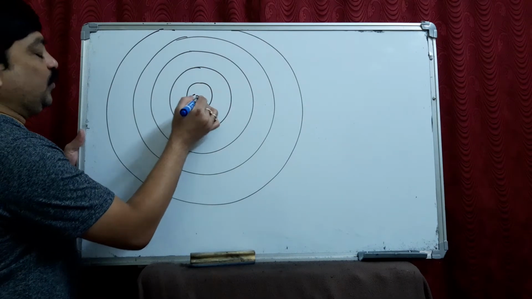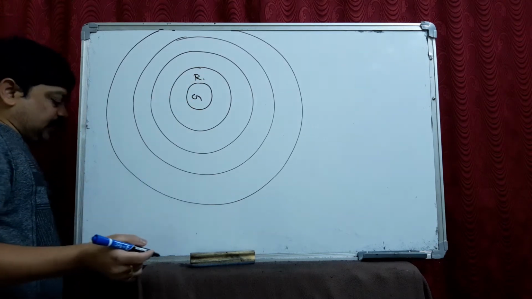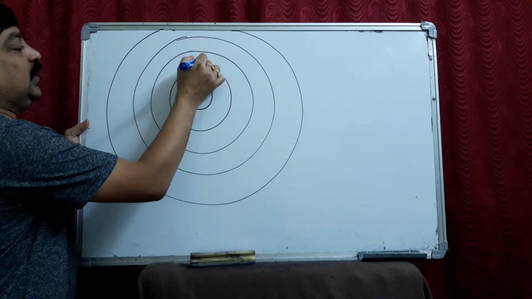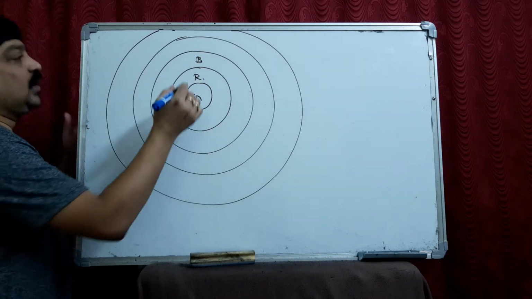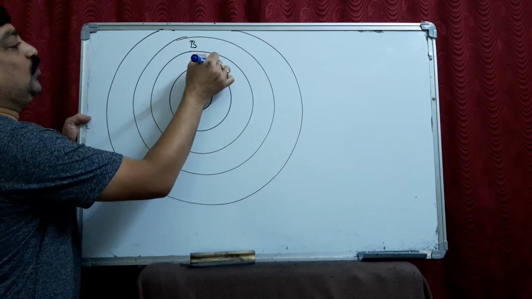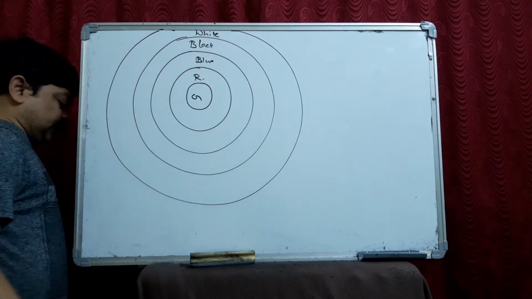This part is the gold part. The next part is the red part. The next part is the blue part. The next part is the black part. The next part is the white part.